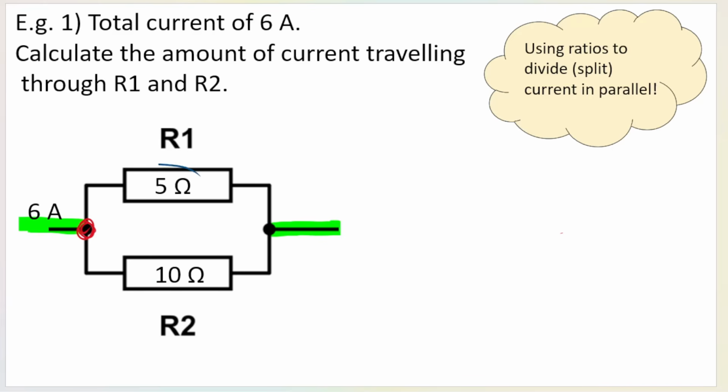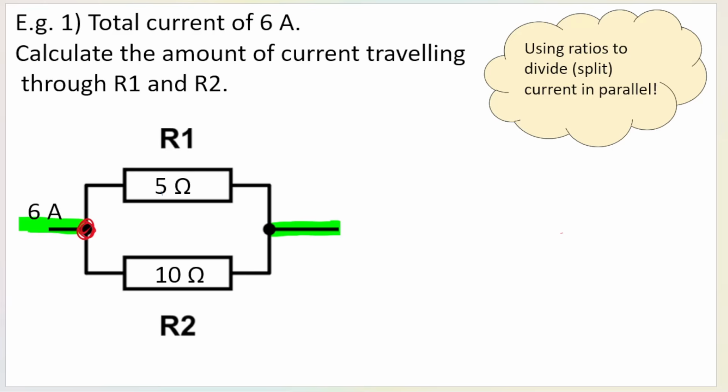Remember, the smaller the resistance, the bigger the current. So if R is very small, current is going to be big. So because 5 ohms is smaller than 10 ohms, 5 ohms will get more current. Okay, small resistance, big current. And what do you notice about the ratio of these resistances? It's a 1:2 ratio.